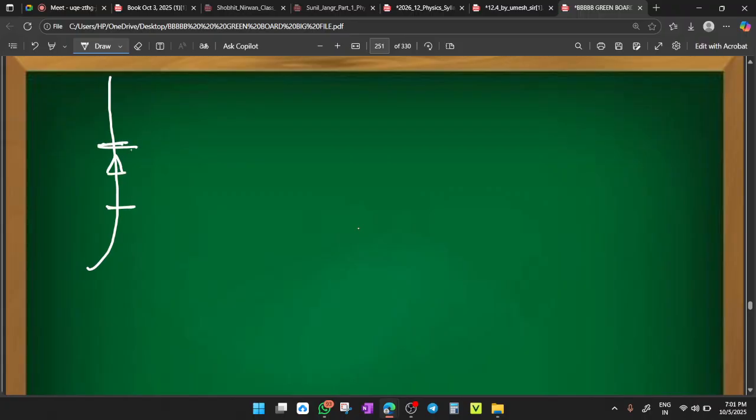You have seen that the magnetic field is going inward to the plane. dB is going inward, and dB is perpendicular to both the vectors, dl vector and r vector.